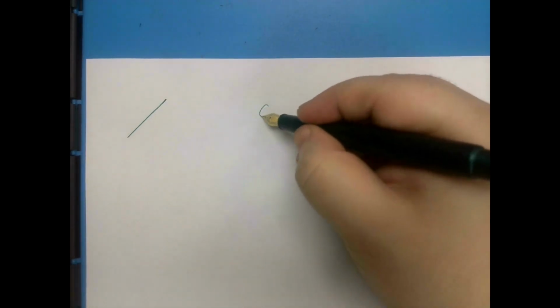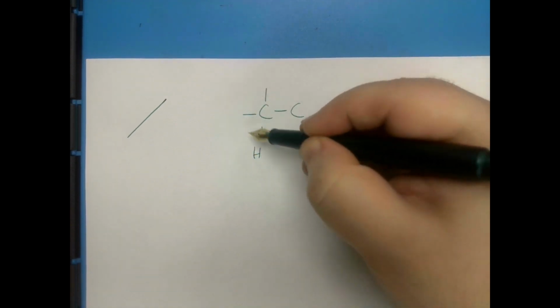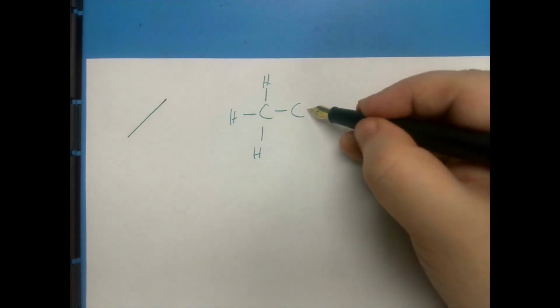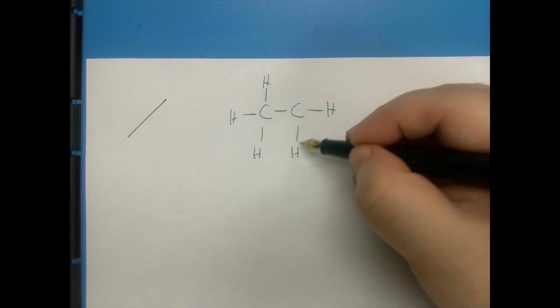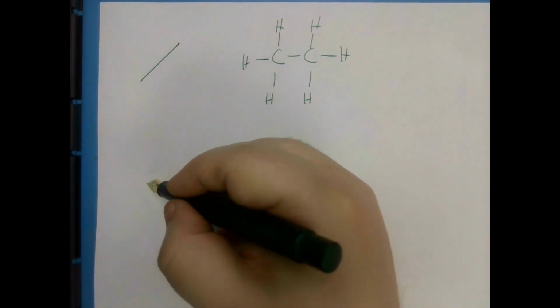A little note before I move on. So we did this one right here, right? The carbon bonded with a carbon, and we have hydrogen around it. Sometimes they'll do this.